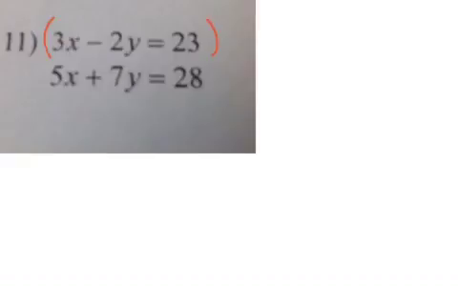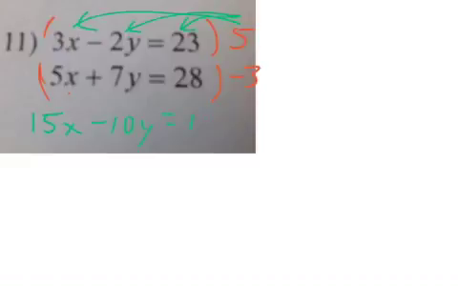How about if we do 5 times 3? I'm making that right there 15. And then what I'm going to do is times this by negative 3 to make that negative 15. Let's see how it works here. 5 times 3, 15x. 5 times negative 2, negative 10y. 5 times 23 is 115.